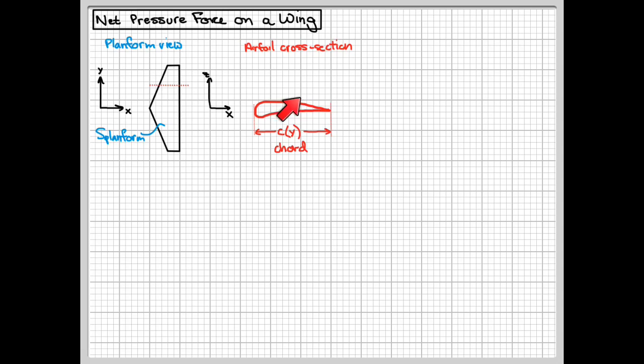C is a function of Y, the spanwise location. Okay, so we've just defined two important quantities: the planform area, which is the area viewed from the Z direction, the area of the wing in this case, and then the chord, which is the length of the airfoil, again viewed from the Z direction, and that C is a function of Y for a typical wing.